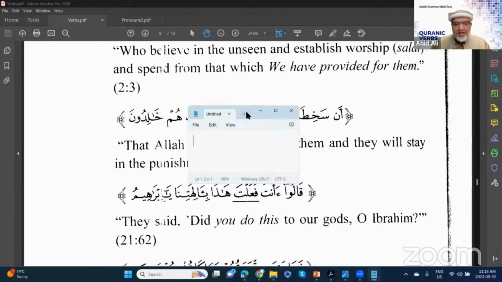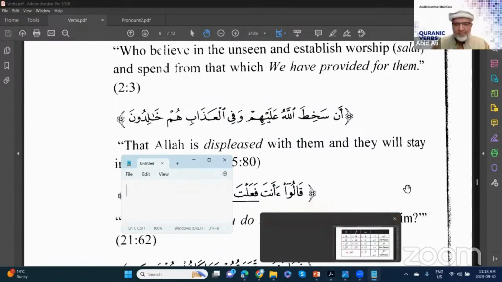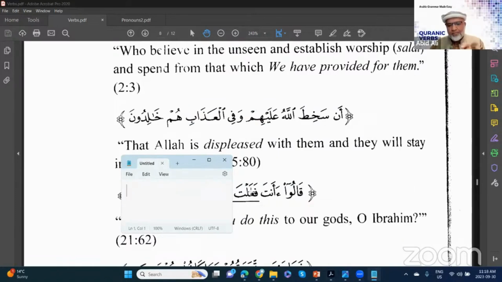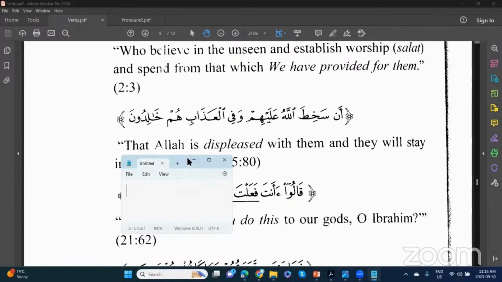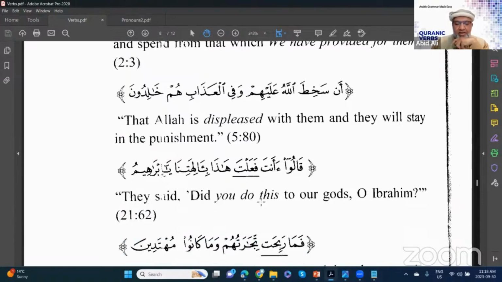Fa'alta. Have you seen fa'alta? Zahabta, right? And the ta is you did. Over here, it says, qalu anta fa'alta haza bi alihatina ya Ibrahim. They said, did you do this to our gods, O Ibrahim? Fa'alta. You see that?